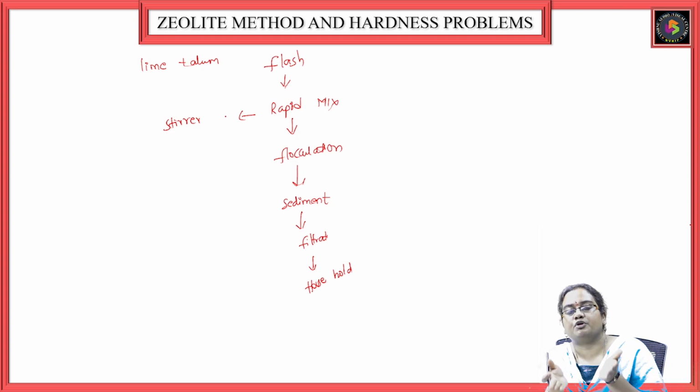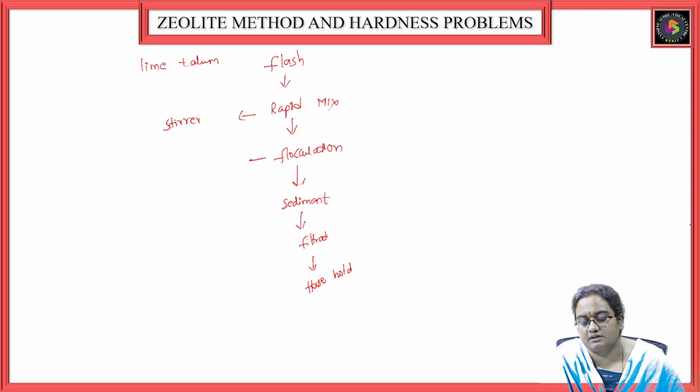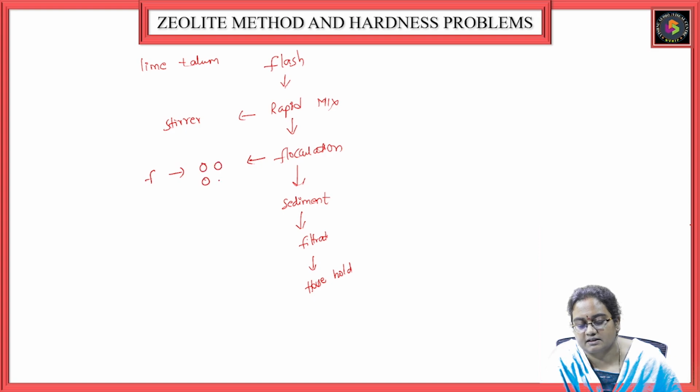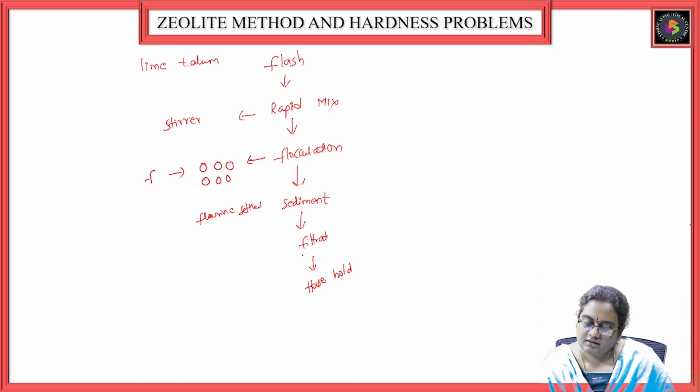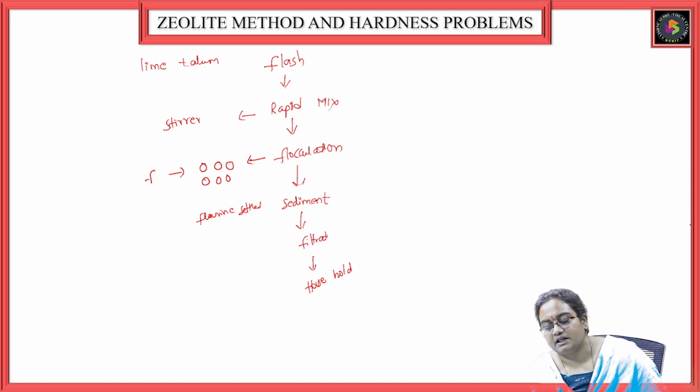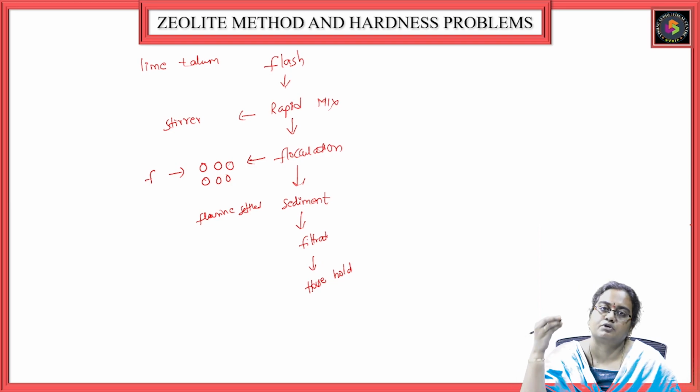Then after stirring, your fluorine gets converted into flock particles. After that, we allow the water to settle down. Then all your fluorine particles get settled. After that, we are going to filter. After filtration, the water will be sent into your households, like your municipal tank.